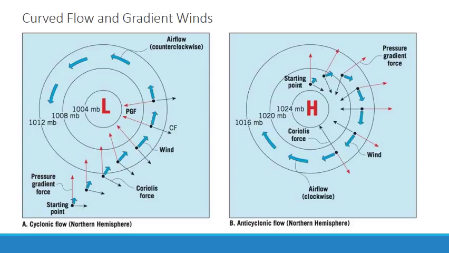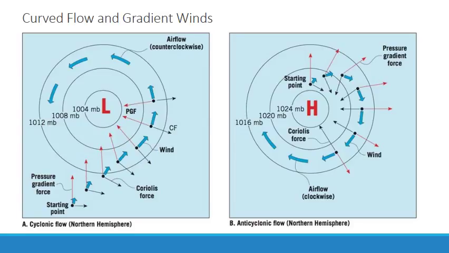So we would see clockwise flow there. And of course, exactly the opposite conditions occur around high pressure centers. So, clockwise around low pressure centers, counterclockwise around high pressure centers.